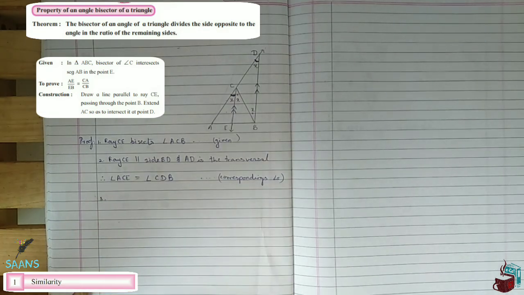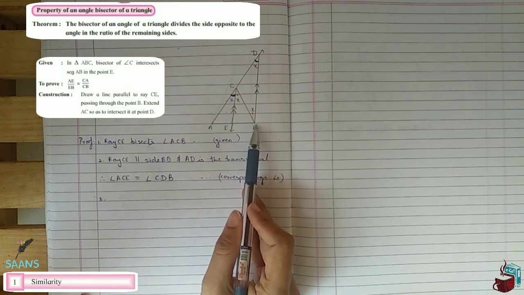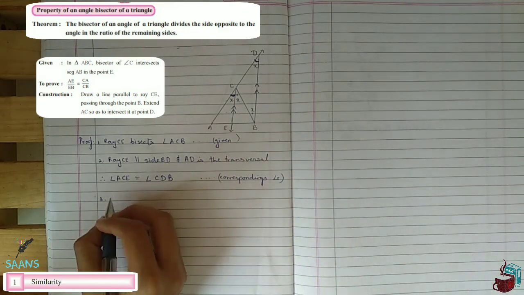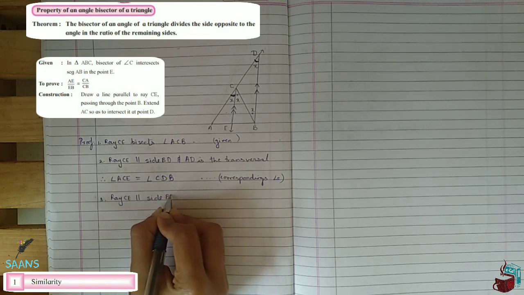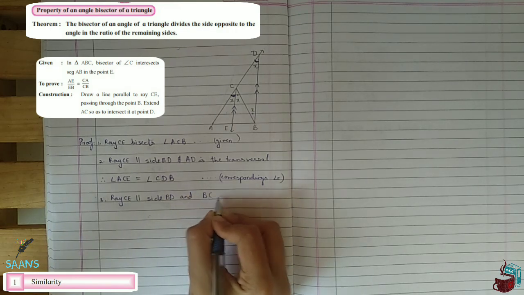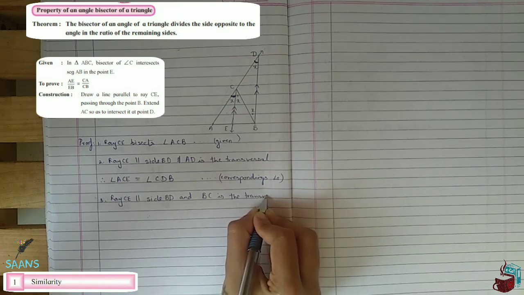Third. Now what else do we know? Again we know this is parallel to this, and say BC is the transversal. Take BC as the transversal. We'll come to know why we are doing all this. Ray CE is parallel to side BD and BC is the transversal.